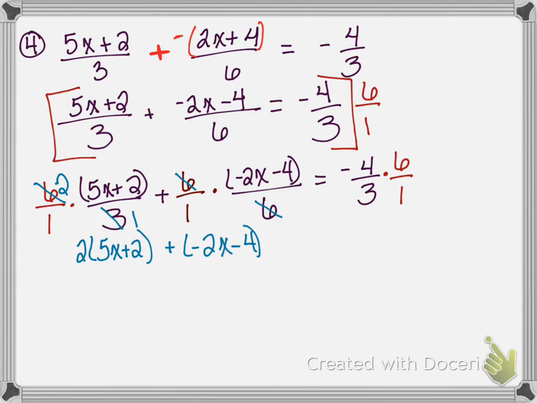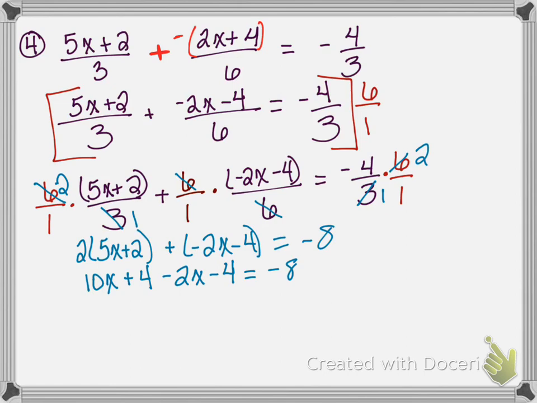And that's going to be equal to negative 8. My 3 and my 6 cross cancel. My 3 becomes a 1, my 6 becomes a 2. Negative 4 times 2 is negative 8. Now I've got 2 times 5x, so that's going to be 10x. 2 times 2 is 4, so I'm distributing. Then I've got negative 2x minus 4 equals negative 8.